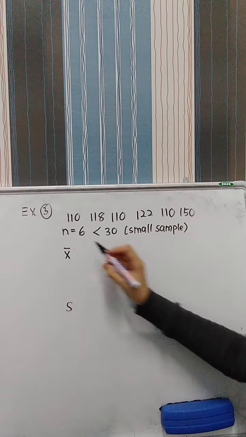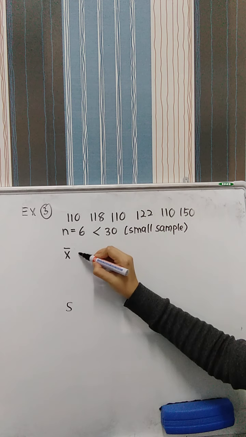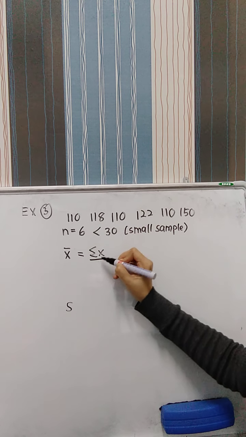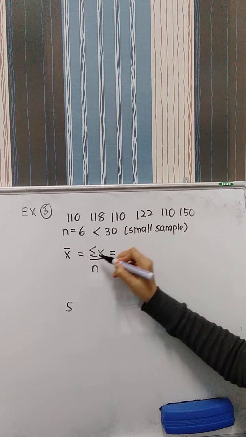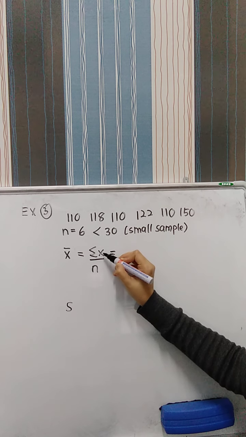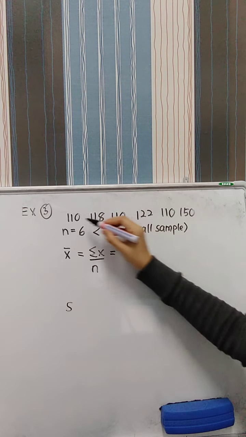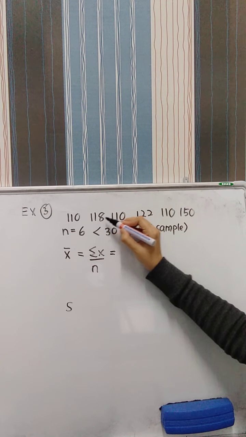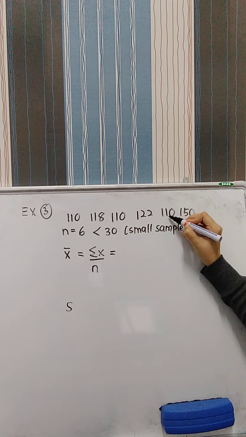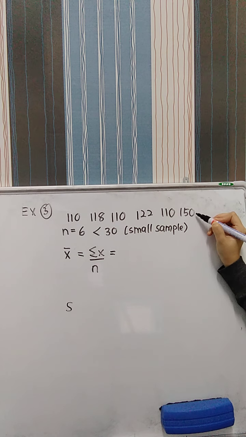Okay, so how to calculate X bar means how to calculate the mean: sum X divided by N. Sum X means total X. How to calculate total X? 110 plus 118 plus 110 plus 122 plus 110 plus 150.